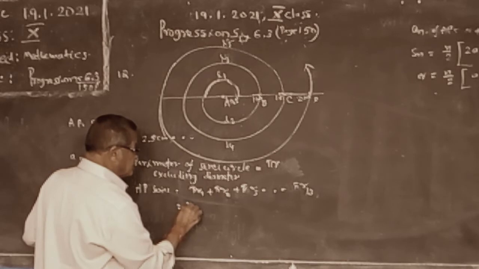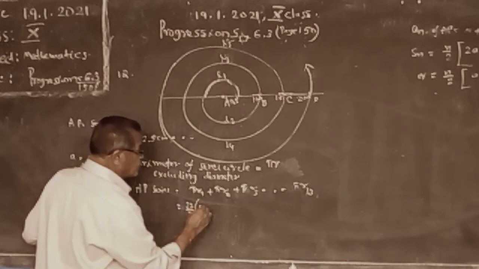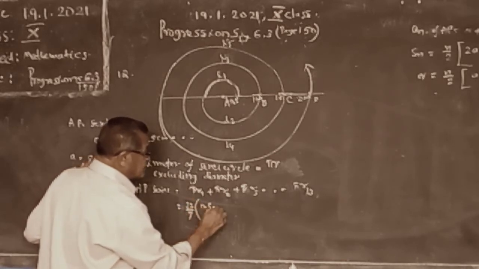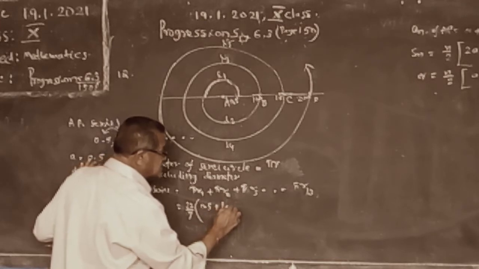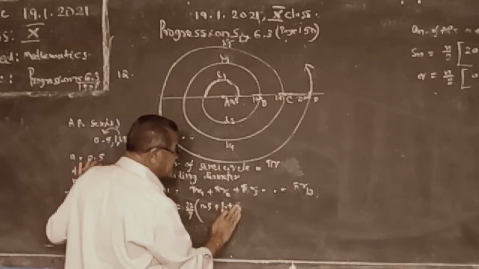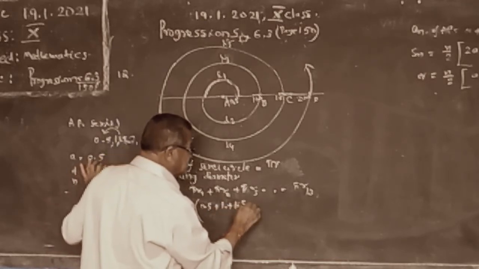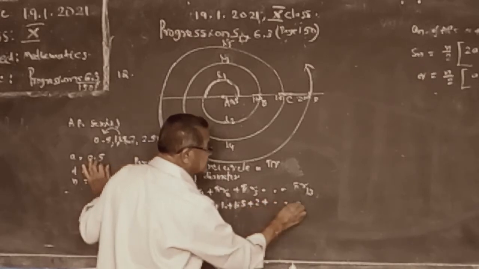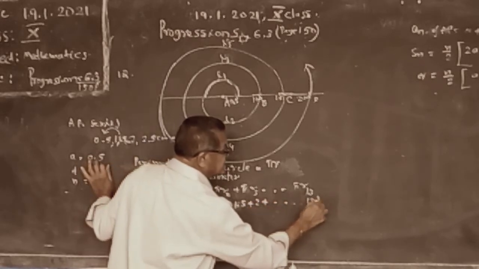Pi is 22 by 7, taking common: 0.5 plus 1 plus 1.5 plus 2 plus so on, 13 terms.